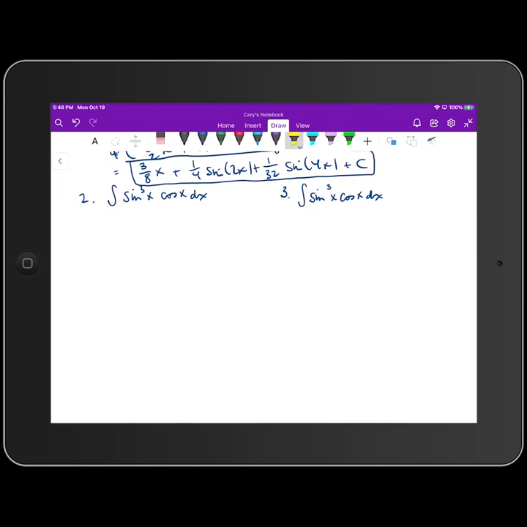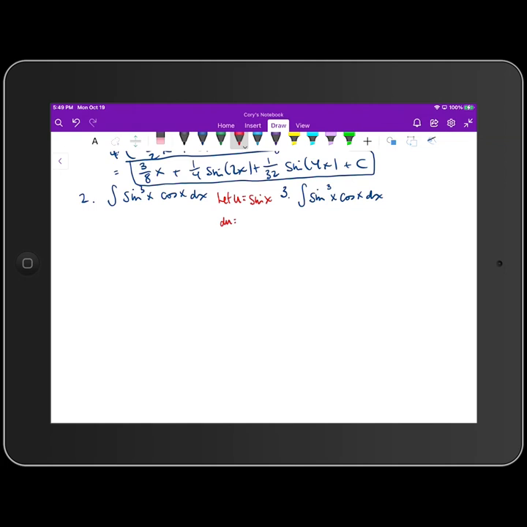When we look at number 2, here we have the product of a composite function and a trig function. This one is a very simple u substitution. If we let u equal the inner function in the composition, sine of x, then we can take the derivative.